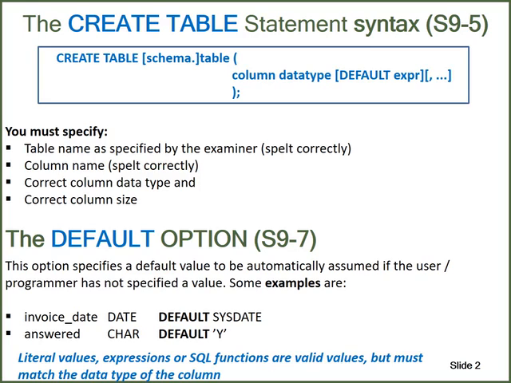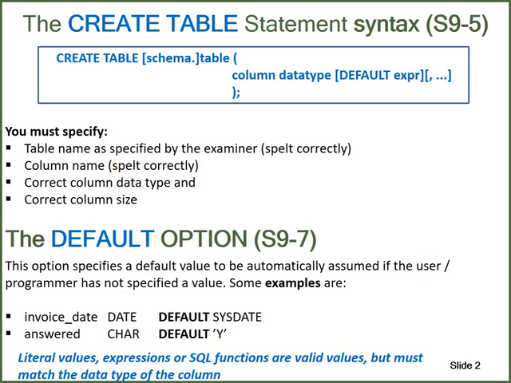The default option. This option specifies a default value to be automatically assumed if the user or the programmer has not specified the value. Some examples are invoice date, data type date, default sysdate. So in an insert statement like we've seen before, when I want to insert an invoice date, I can just say default, and it will then assume the value of the sysdate, which is the current date.